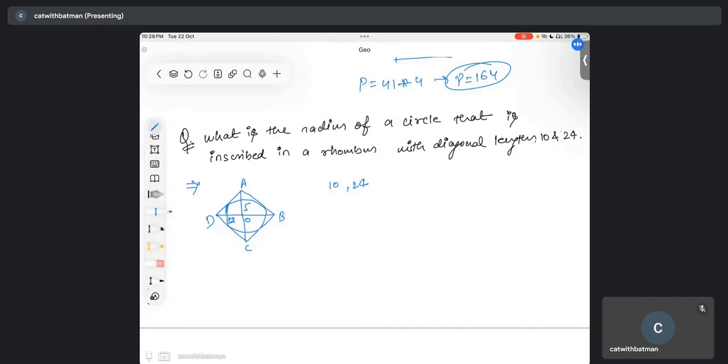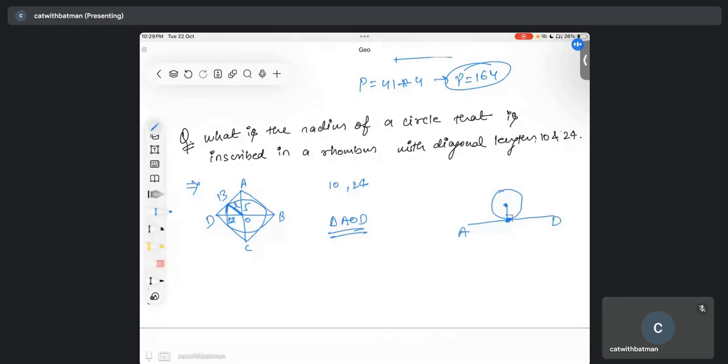So now, if you see in triangle AOD, can you apply Pythagoras theorem? If you apply Pythagoras theorem, then you will get this as 13. Now, once we have that as 13, if I join this, this is the radius. And I told you whenever you have a circle and a line that is AD right now, if you draw from center to this point, then this is 90 degrees.